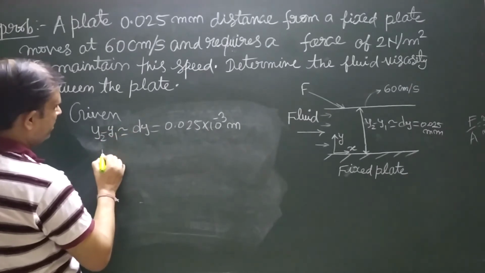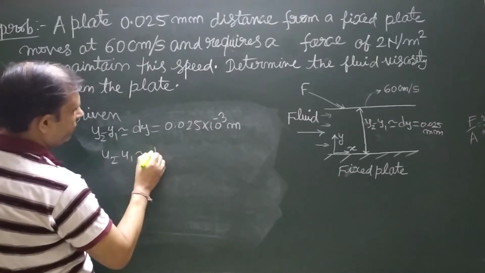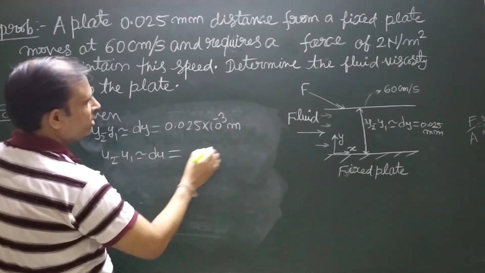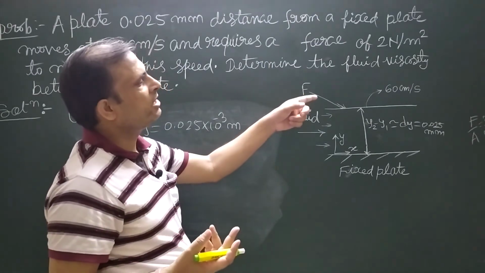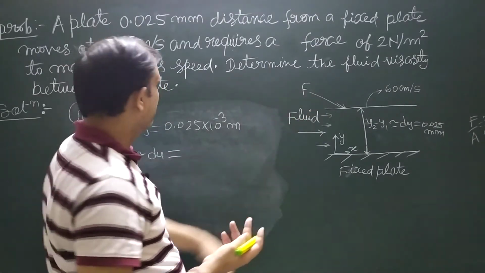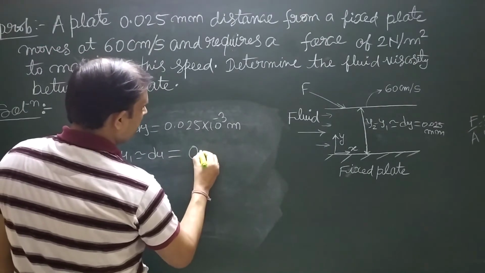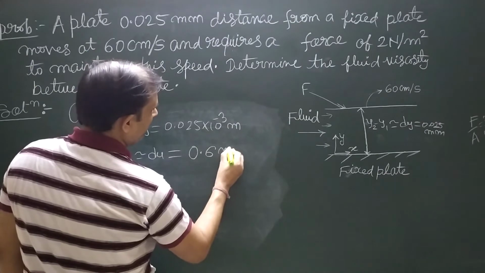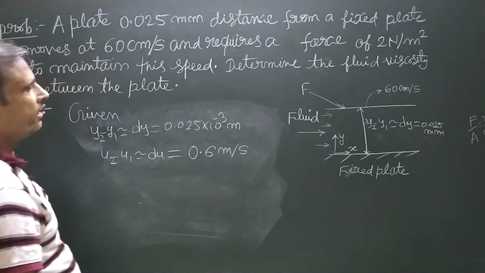And u2 minus u1, du: suppose the initial velocity of this plate is 0 and the final velocity is 60 centimeter per second, which means 0.6 meter per second.